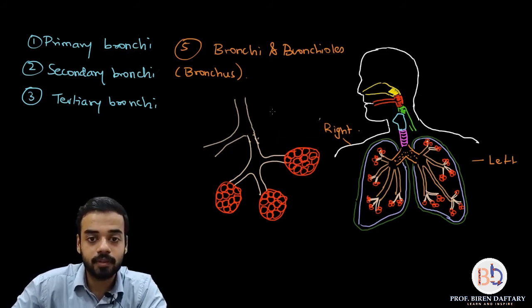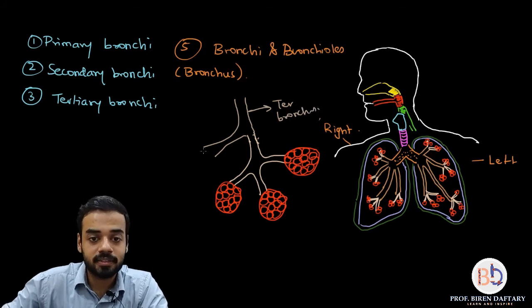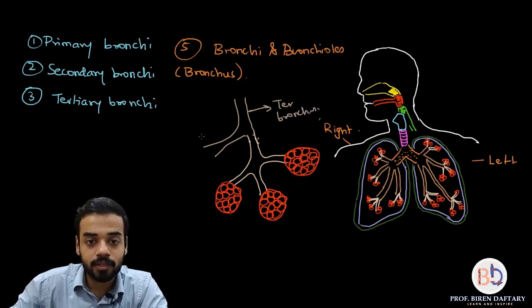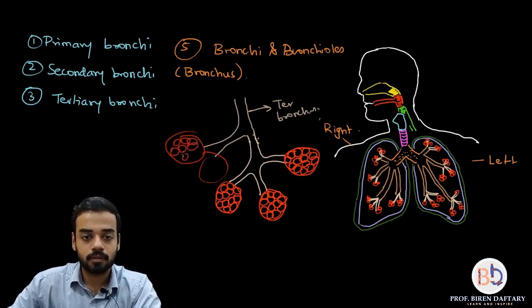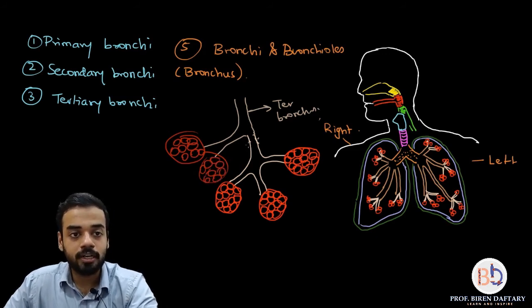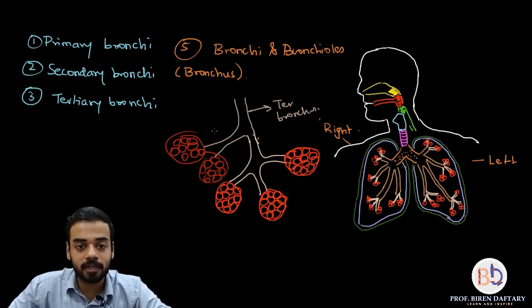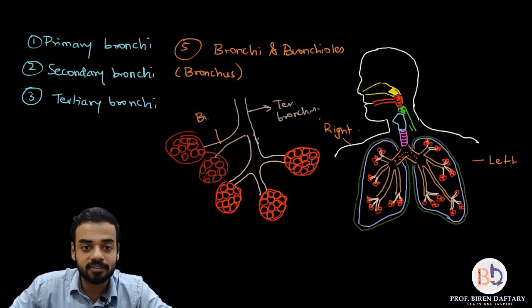This is the tertiary bronchus, and there are divisions happening, and the divisions are this. Now each of these further branches is called a bronchiole.